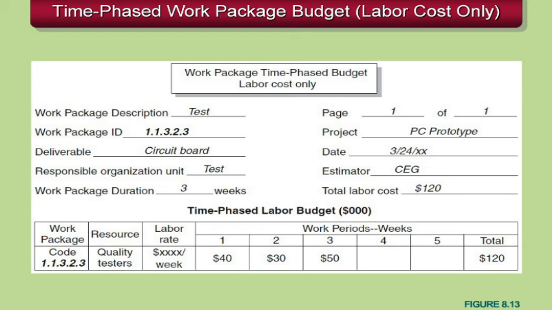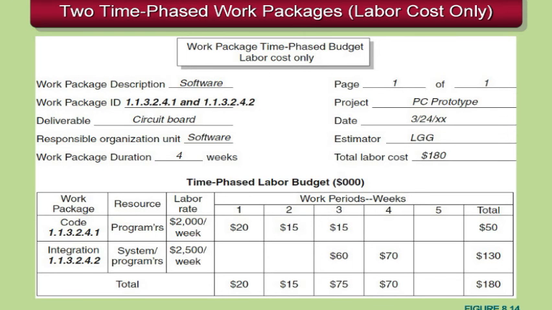So all this information is available to us, so we can actually look at our budget over time and see how it phases into the project. This report shows the software work, both programming and systems programming work for coding and integration, and again, which work periods they worked on, what dollars were deployed during what periods, and how long the duration of the work took.